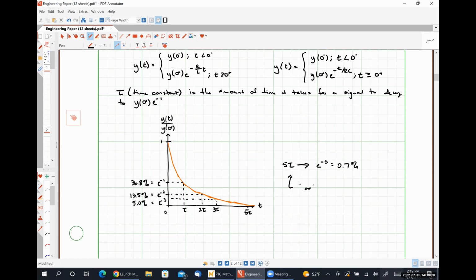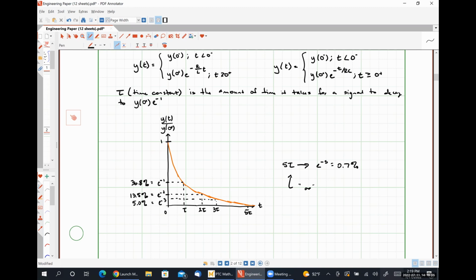So after 5 time constants, our signal, whether it's a voltage signal or a current signal, has decayed to less than 1% of its original value. And so we treat this as a capacitor or inductor effectively fully discharging, okay?